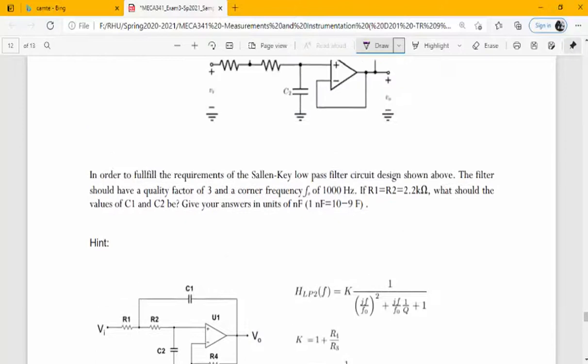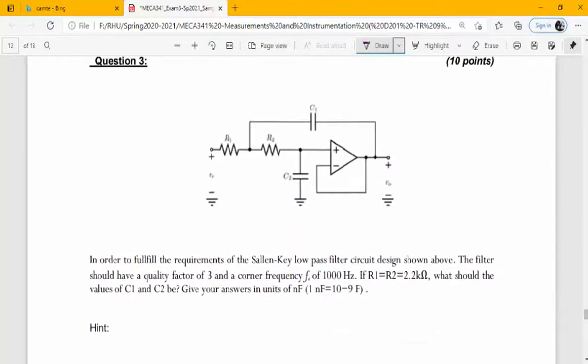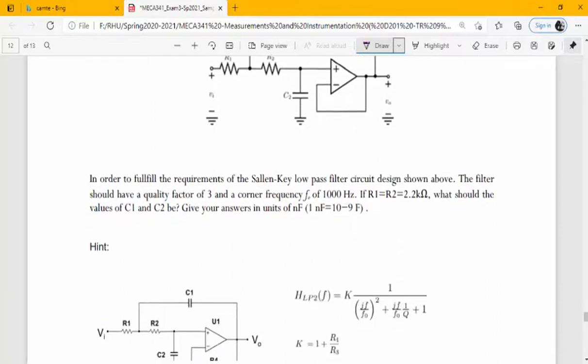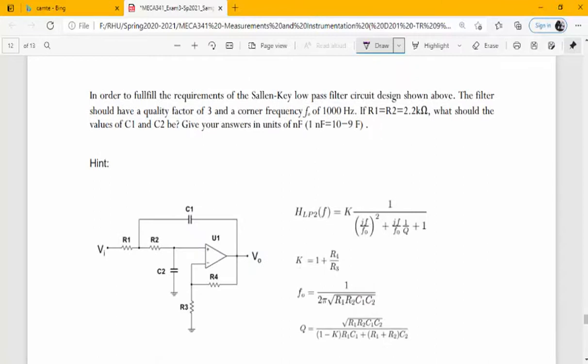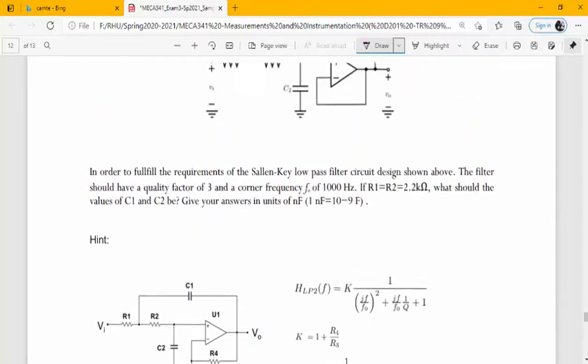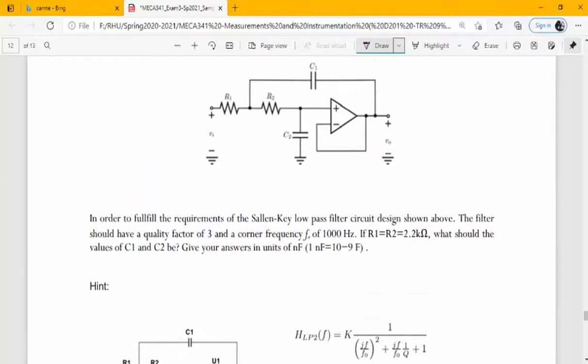Now, if we are given this filter, as you can see, of unity gain, the actual filter is like that. So R3 is infinity and R4 is equal to 0 to have a unity gain. Therefore, if you have a unity gain, K must be equal to 1.